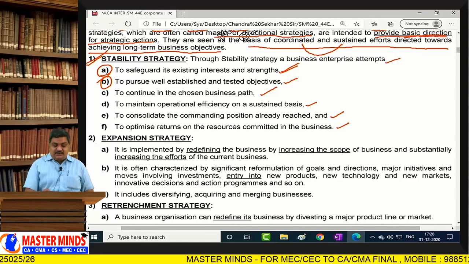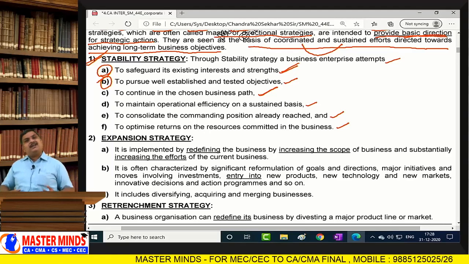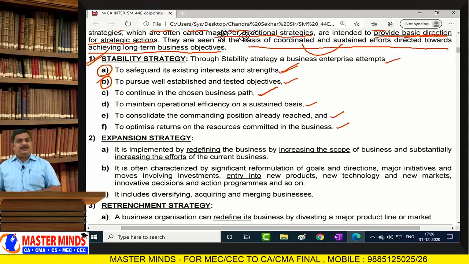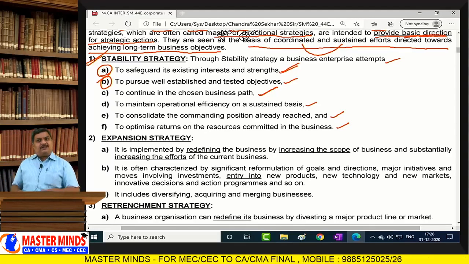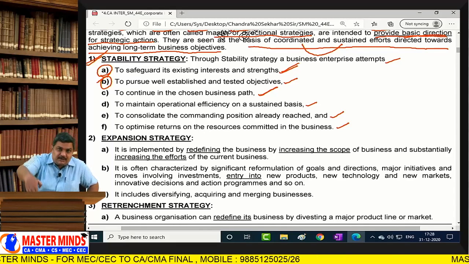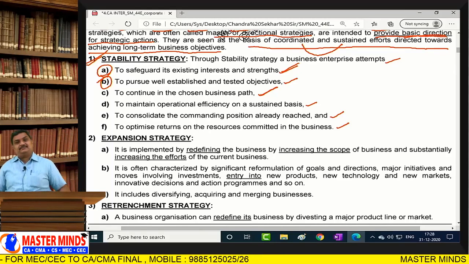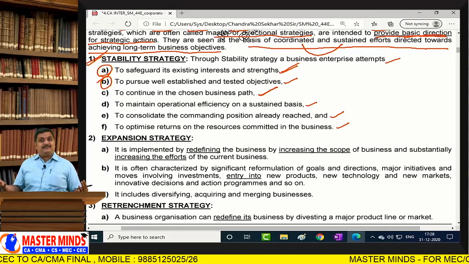Okay. And to continue in the chosen business path. Chosen business path means existing product, existing market. That is your path. Already you are in a market dealing with a particular product. And now you want to go deeper and deeper into the product, into the market. That is called market penetration. And we will try to achieve more sales.